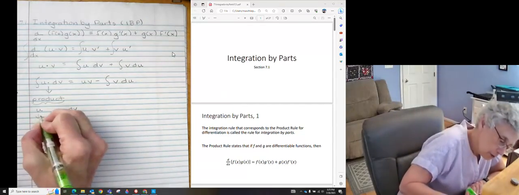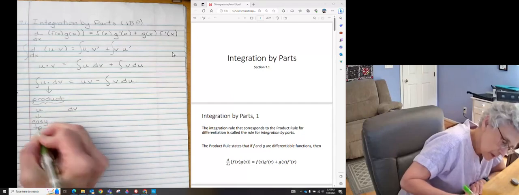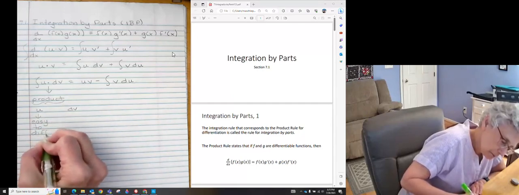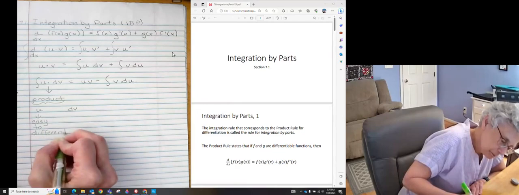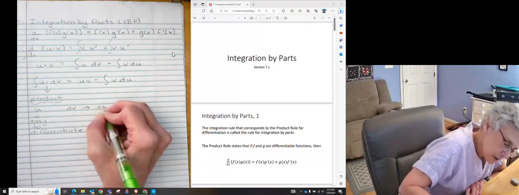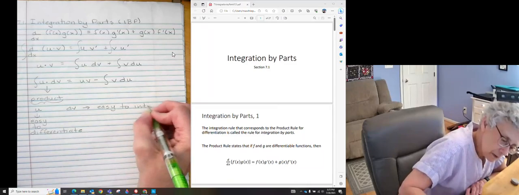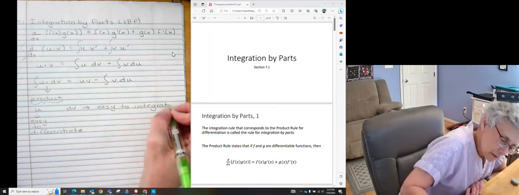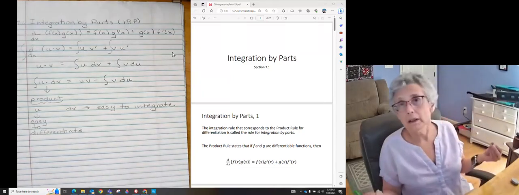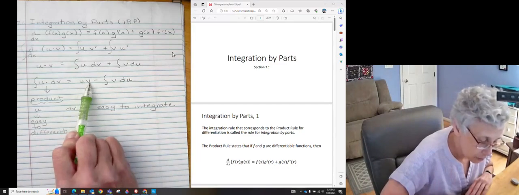You want your u to be easy to differentiate, and you want your dv to be easy to integrate, because you're going to need to figure out what u and v are.